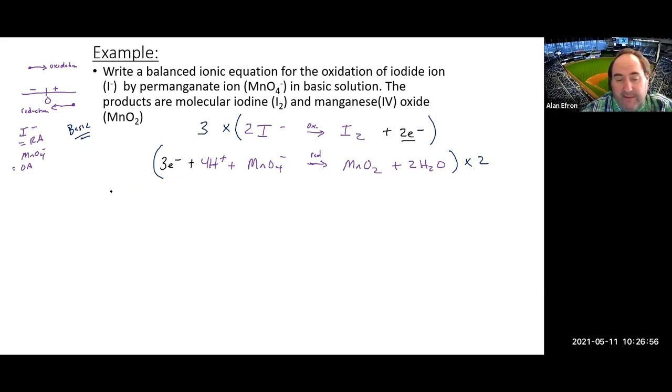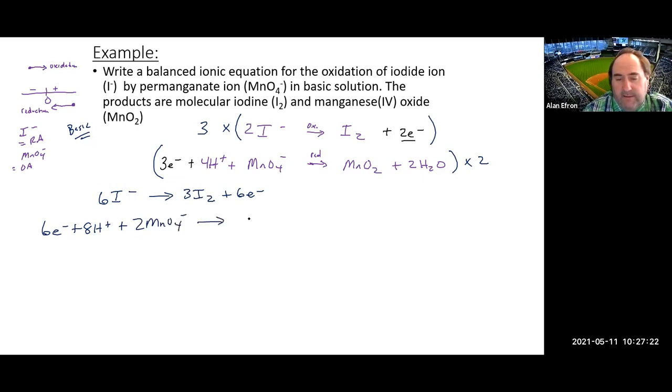So that's going to give me 6 I minus, going across the arrow there, 3 I2 plus 6 electrons. I'm now going to distribute the 2 across the entire bottom reaction. That's going to give me 6 electrons plus 8 H pluses plus 2 of those.